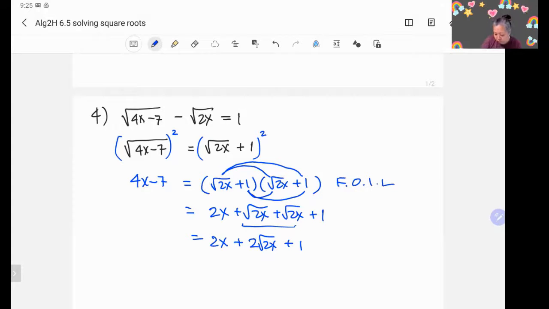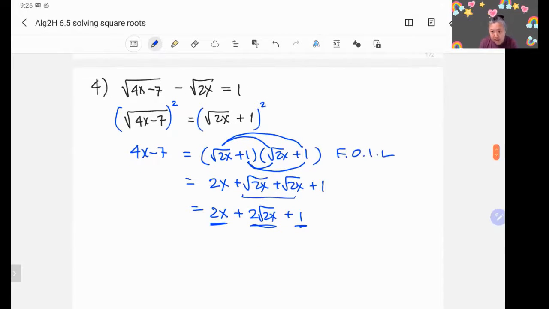You don't have to go through rewriting identical terms twice and then do the 4 times of multiplication. You can just recognize this will end up being the square of the first term, the square of the last term, and then twice the product of the first term and the last term. That's going to save a lot of time on the steps, right?